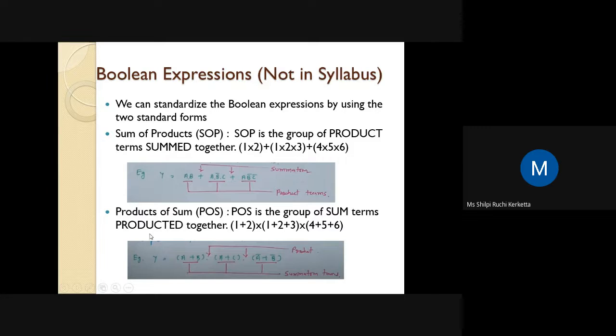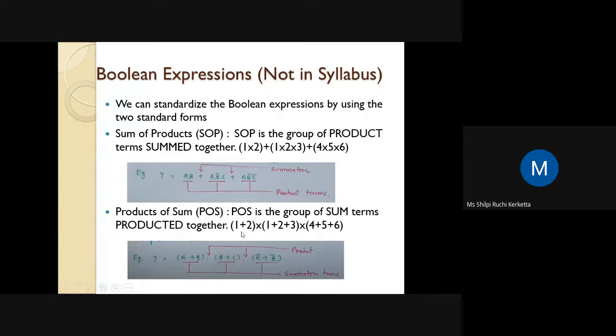So what is product of sums? As it is product of sums, first we have to do the summing part. In mathematical form, first we have the sum: 1 plus 2 is our first term, then 1 plus 2 plus 3 is our second term, and 4 plus 5 plus 6 is our third term.